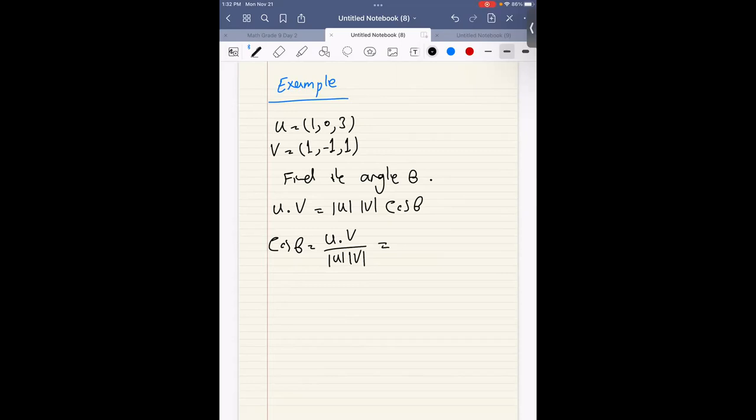Now, what is u dot v? u dot v is 4, yes. What is the magnitude of v?